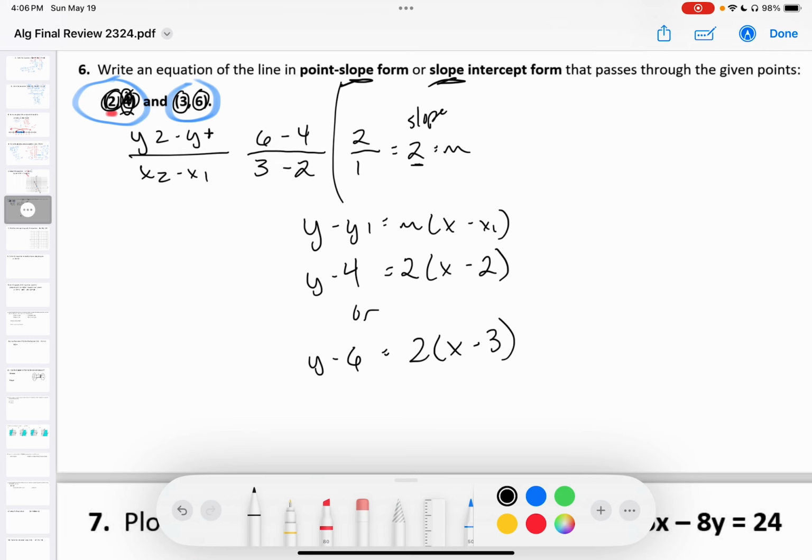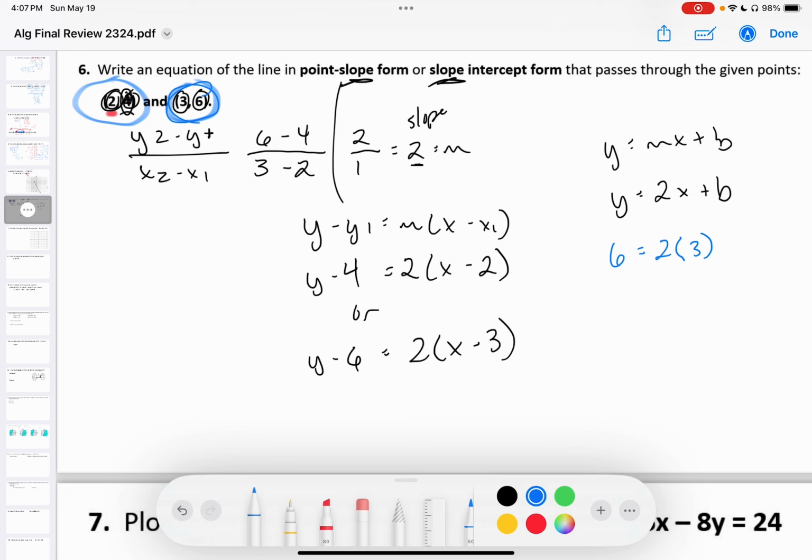If I'm going to go to slope-intercept form, I could have used my y equals mx plus b equation. And again, I know my slope is 2. So y equals 2x plus b. I need to find the y-intercept, so that would mean I would take one of my two values. Let's go 3, 6. Sub in the 6 for y.